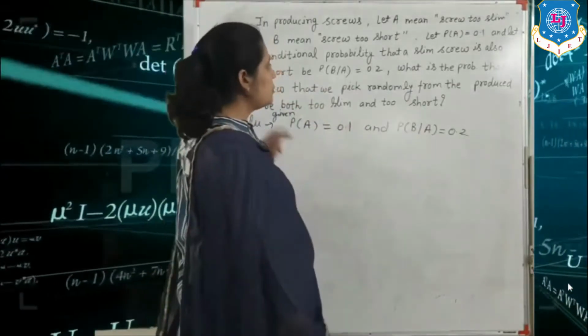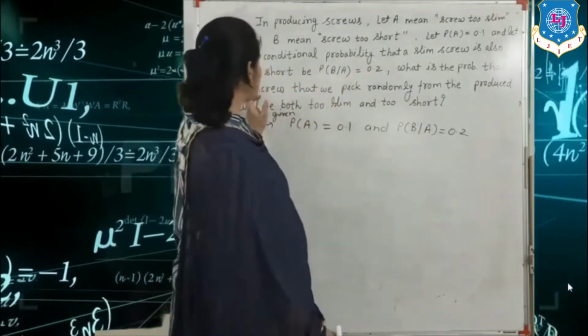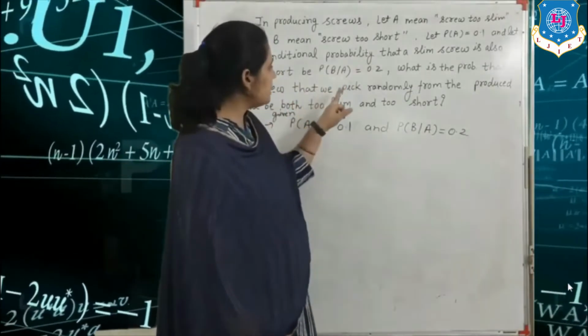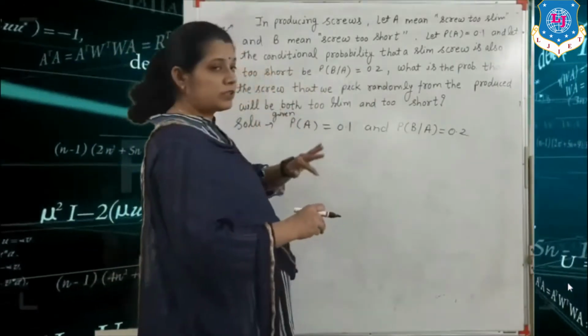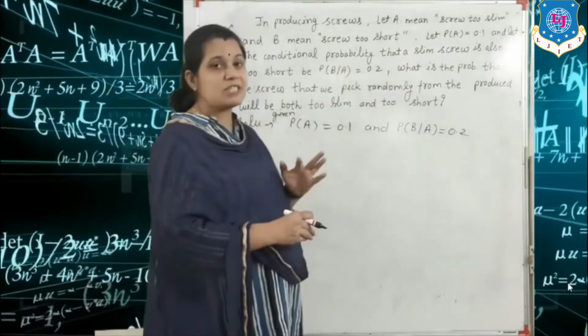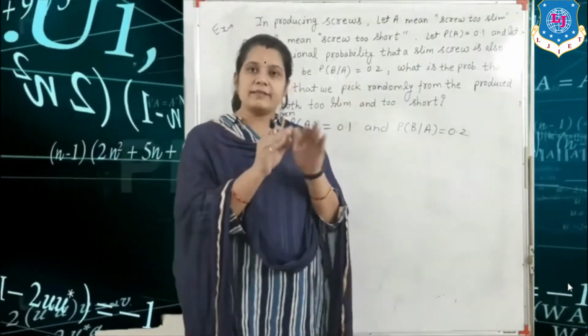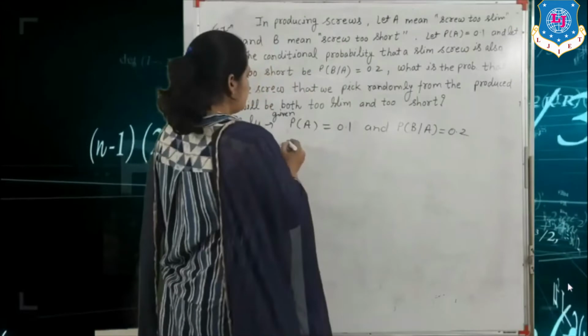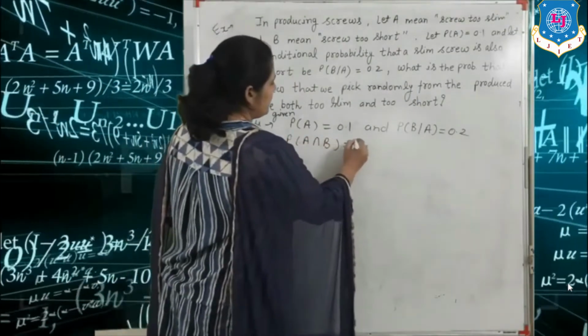The final value we need is the probability that the screw we pick randomly from the produce will be both too slim and too short. That means we find the intersection, because both A and B are included. So here we find the probability of A intersection B.